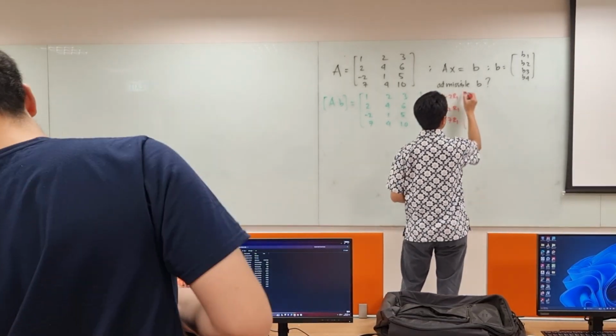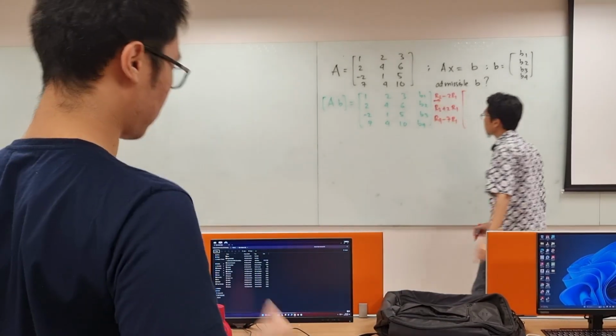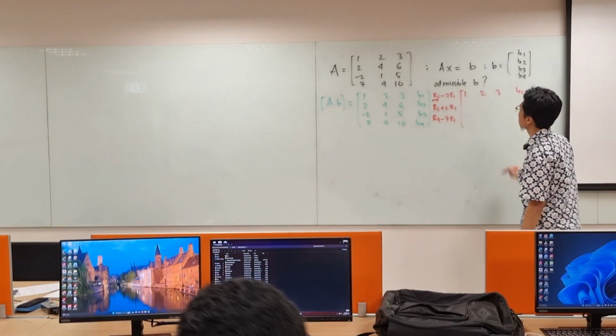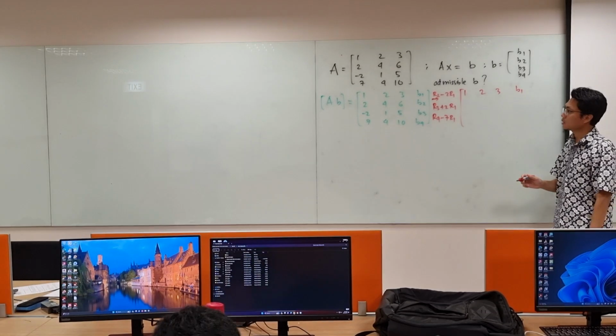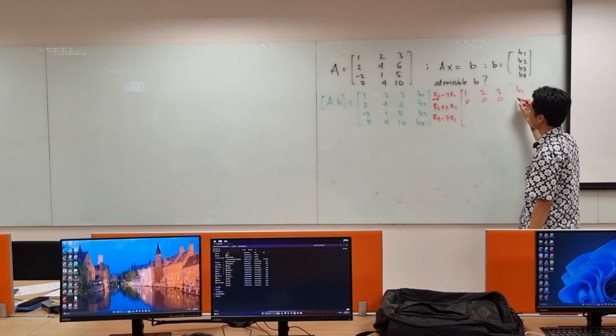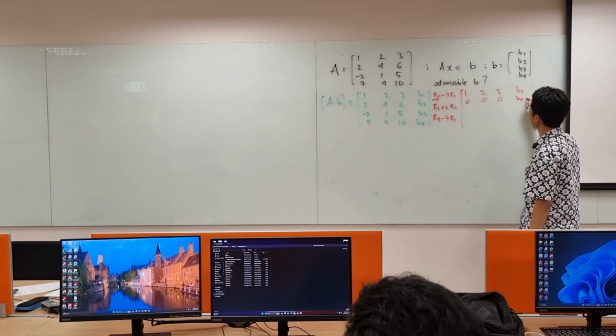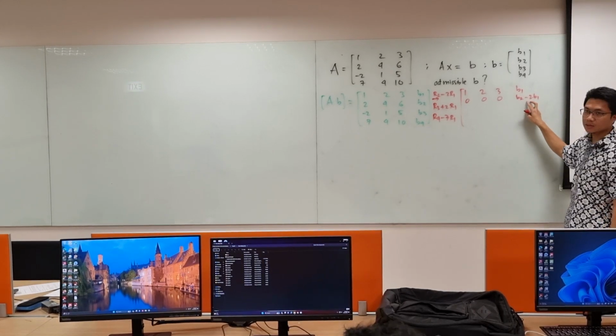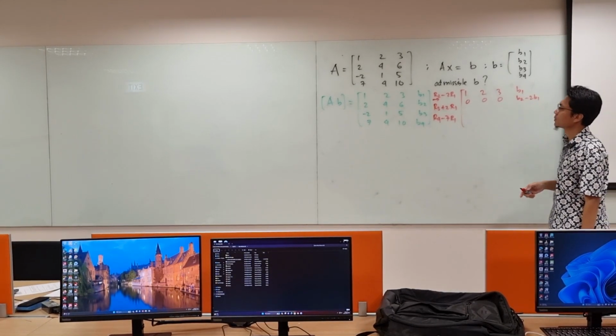So you will have the new matrix: 1, 2, 3. The first row has no change, and in here all 0, and this one B2 minus B1. Of course, this will be the answer, the relationship.